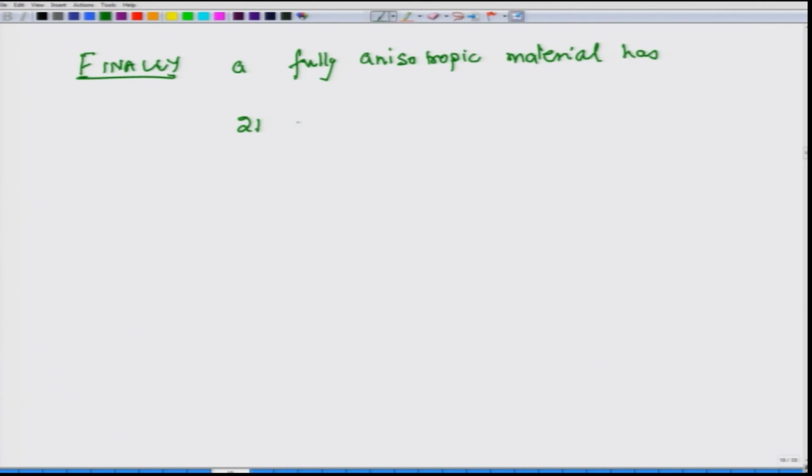So, finally, we can say that a fully anisotropic material has 21 independent elasticity constants.